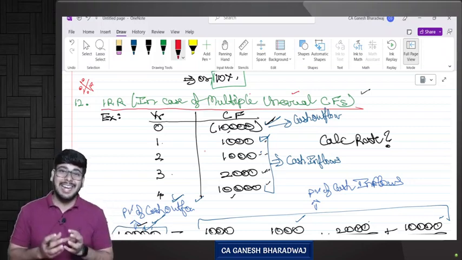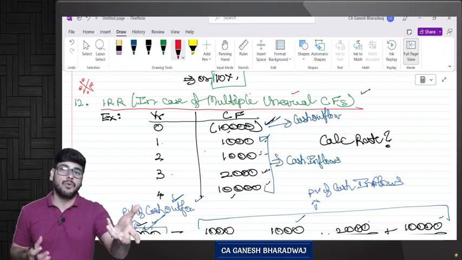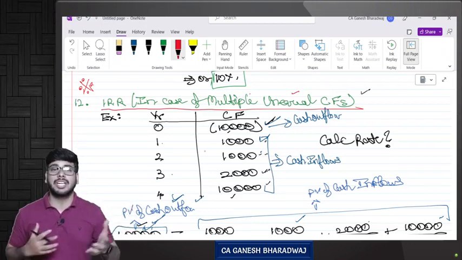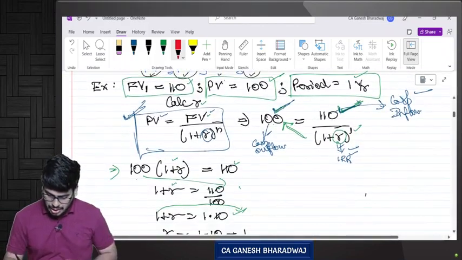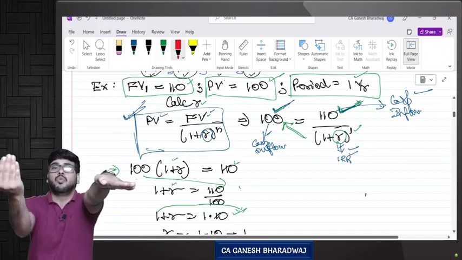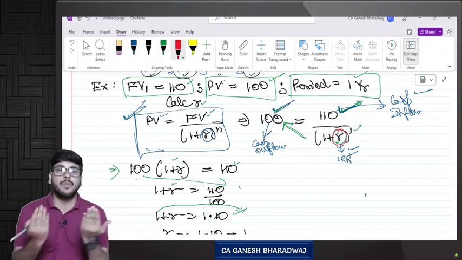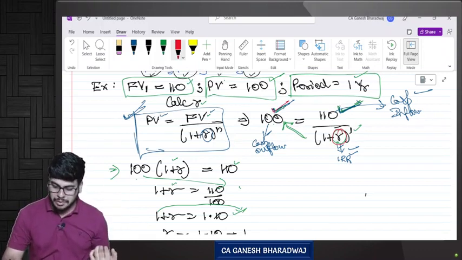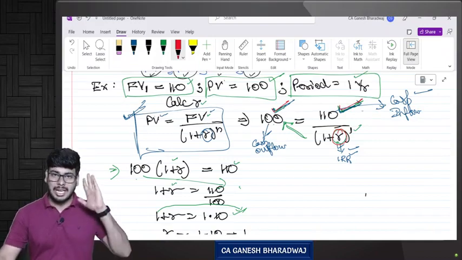And the rate at which the present value of cash outflow is equal to my present value of cash inflow is called my IRR. This we saw earlier: I invested 100 rupees and got 110 rupees at the end of year 1, and the rate that equates my present value of outflow with my present value of inflow is called IRR. Here it was a single cash flow, no problem.